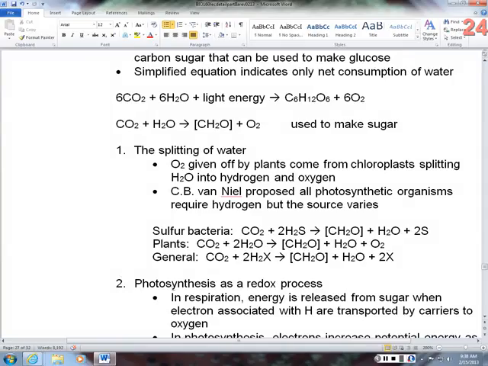So they've changed it more to a general reaction that you have carbon dioxide plus hydrogen oxide, which is water. You can have hydrogen sulfide here. Hydrogen blank in the space can also be used. So that general reaction fits for lots of different organisms. What we are going to be spending our energy looking at is this one here for the plants.